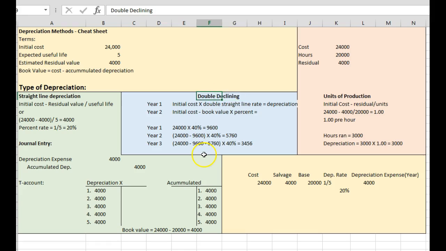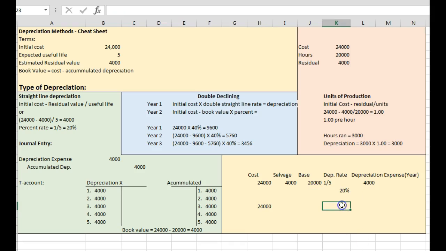Now, double declining is similar to straight line, only the thought is if I buy this item, I'm going to use it more to begin with when it's new and good current technology rather than at the end of its life. So this gets handled a little bit differently. Number one, the cost is $24,000. But in double declining, we double the straight line.